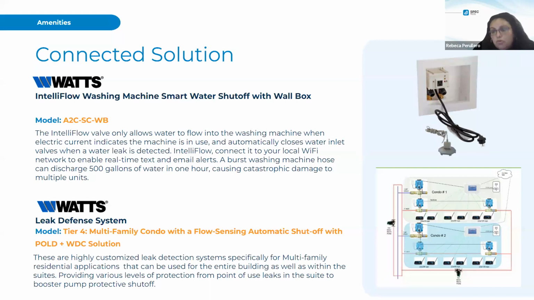But we can definitely give you more information and help you configure the right system for your project so that you're keeping both the inhabitants and the entire building safe. And all of these are Bluetooth enabled and connected, so you can have an app or set up so that you know that there is a water leak and where it is.